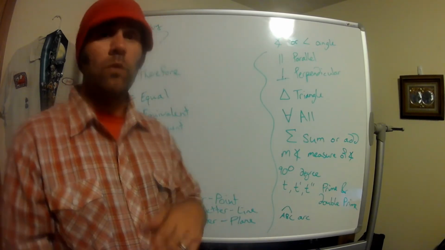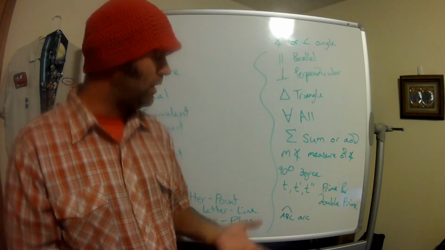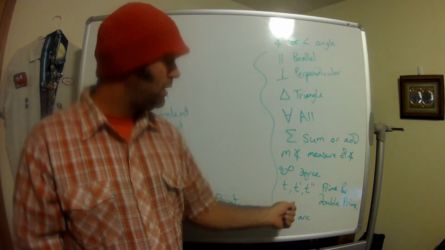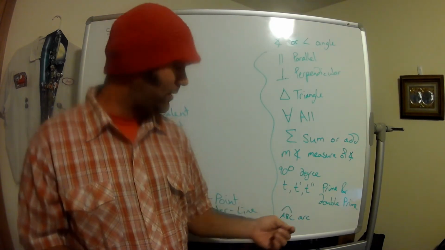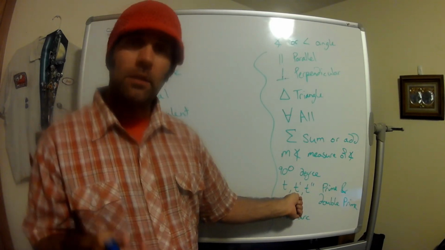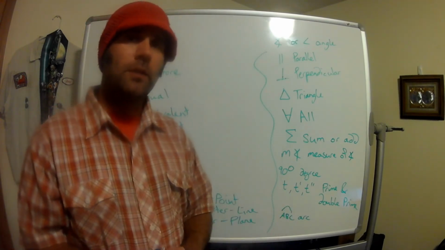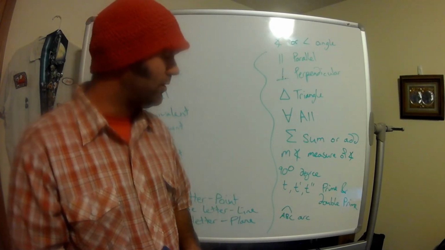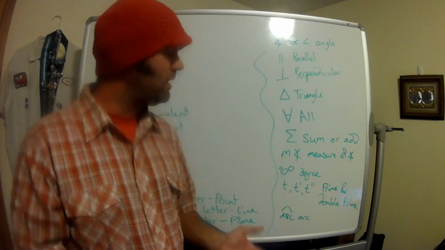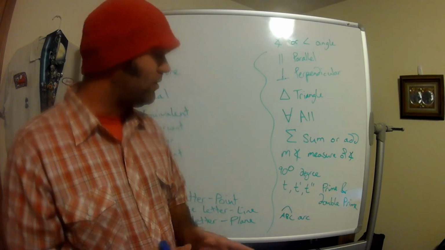So if we were to reflect across a specific line, so let's say I had line T and I wanted to reflect it across the x-axis, I could then have a new line, line T prime, and then I could reflect that line across the y-axis, and then I would have T double prime. So it's just identifying different movements and the steps to get there.